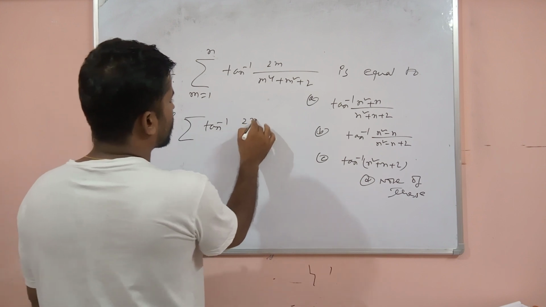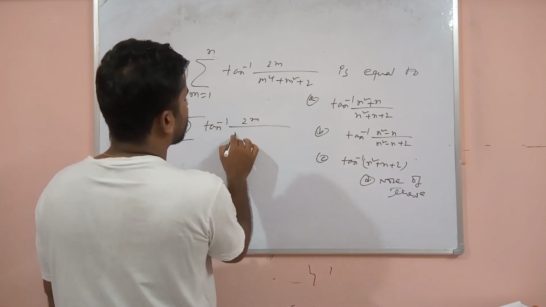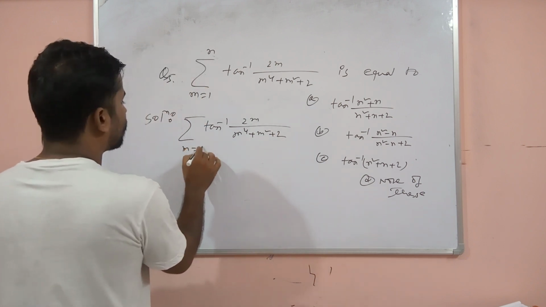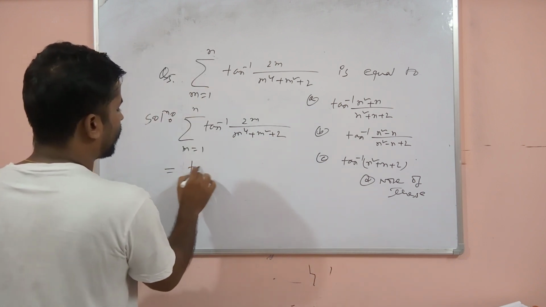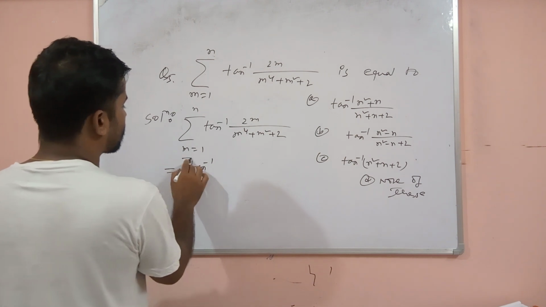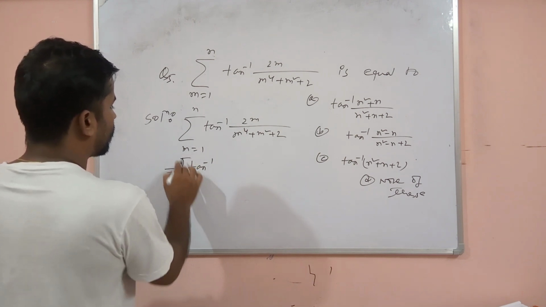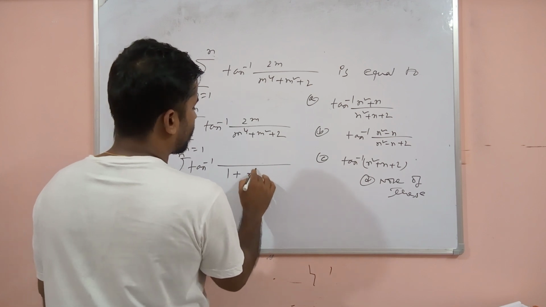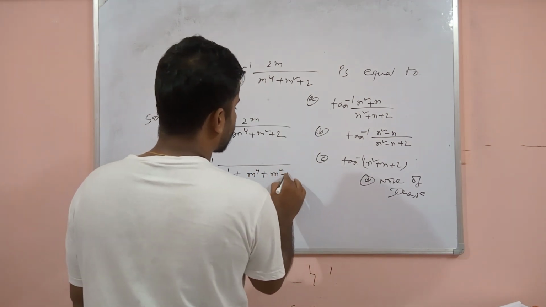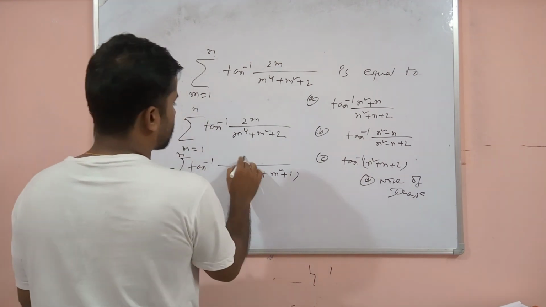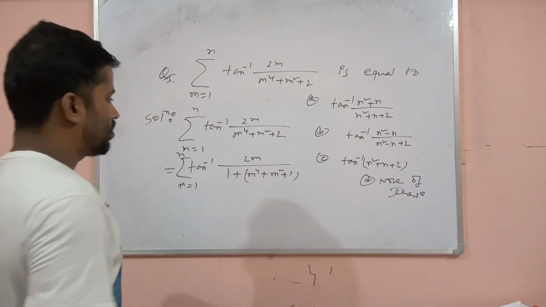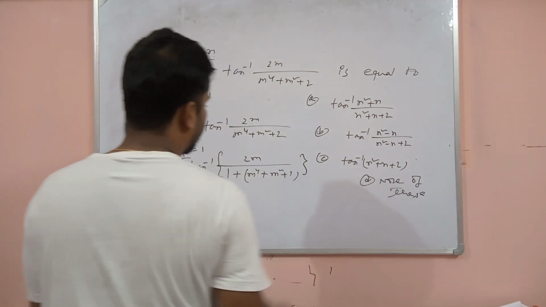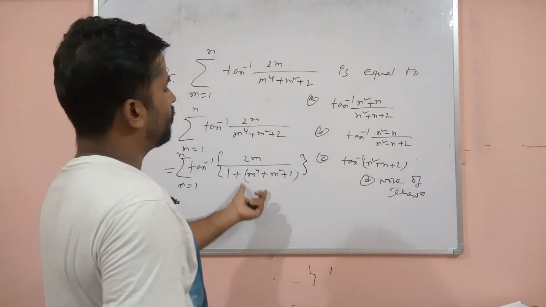Tan inverse twice m by m to the power 4 plus m square plus 2, summation m equal to 1 to n, is equal to tan inverse summation m equal to 1 to n of twice m by 1 plus m to the power 4 plus m square plus 1. Okay, so the sum is balanced. Look at it sincerely. It is a balanced sum.